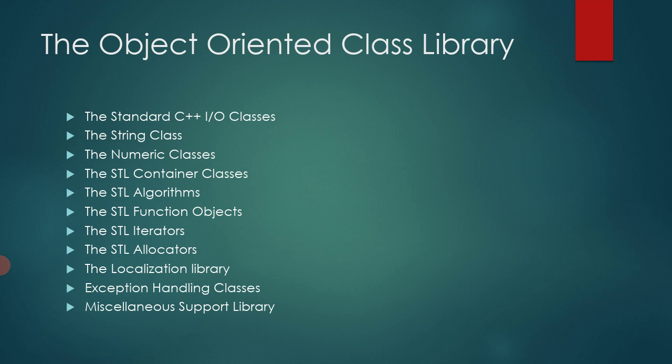So what is standard template library? Standard template library is a set of C++ template classes which provides common programming data structures and functions. Standard template library gives us the facility to make use of arrays, lists, stacks, queues. By using all these data structures we can create programs and make use of their built-in libraries.